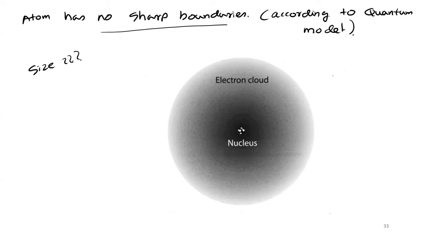Because of this issue, we are going to define the size of atom in different ways. Because the atom has no sharp boundary, we have an issue in defining size. So atomic size can be given by different methods.